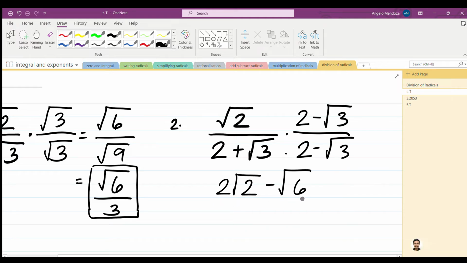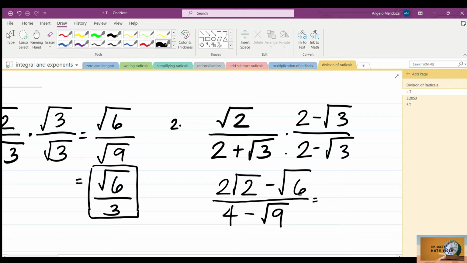And then in the denominator, we can apply the sum and difference of two terms by multiplying the first terms: 2 times 2, which is 4. Positive times negative will be negative, so it gives you minus square root of 3 times square root of 3, which is square root of 9.